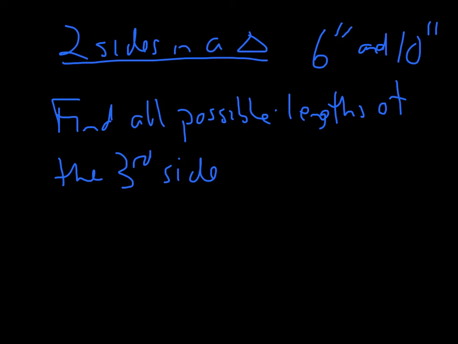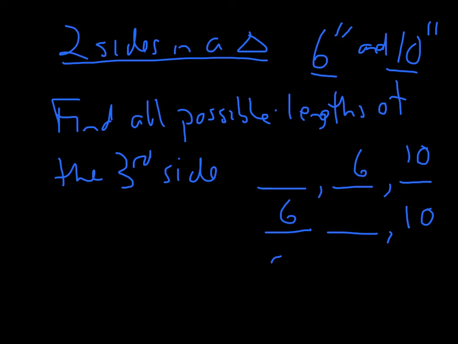Well, we're unsure if the 6 and 10, are they the 2 small sides? Are they the 2 largest sides? Is one the small side and the big side? All right, so it could be blank, 6, and 10. It could be 6, blank, and 10. Or it could be 6, 10, and blank.